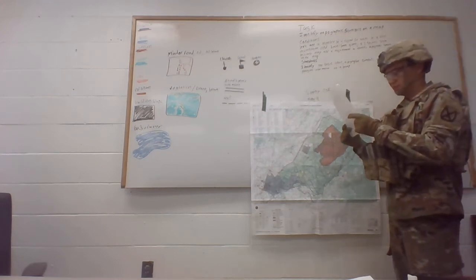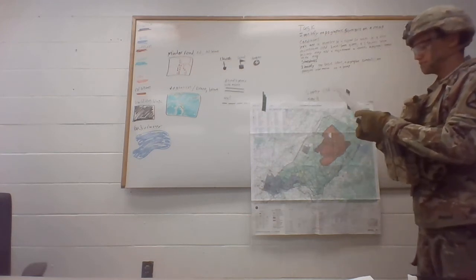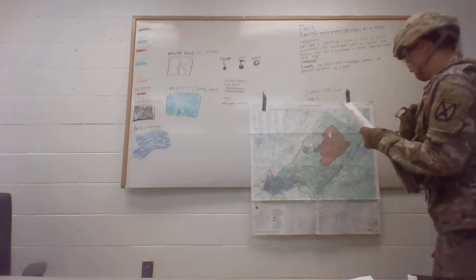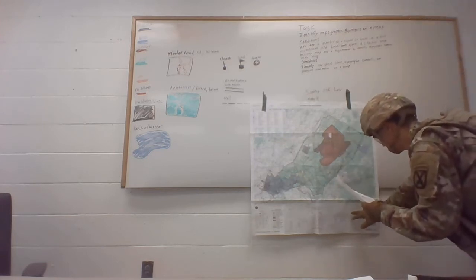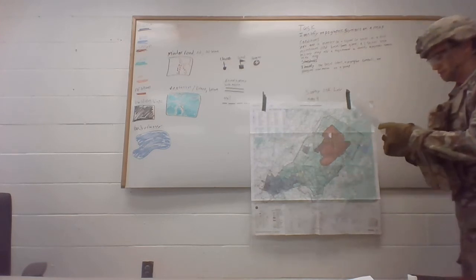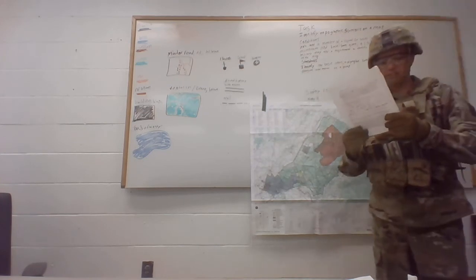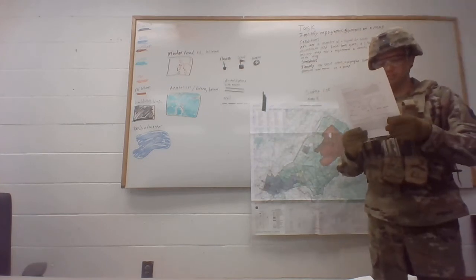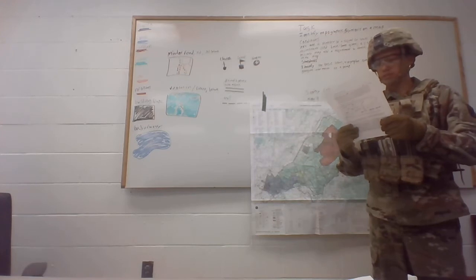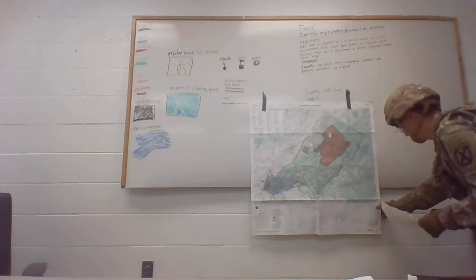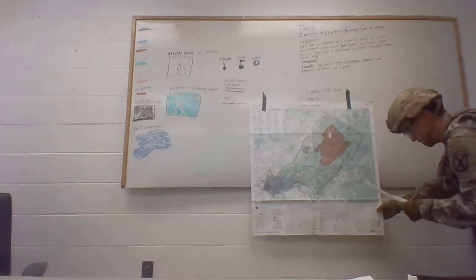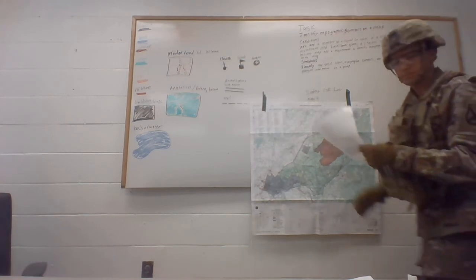Then you would identify the index to boundaries, which would be right down here. Then you would identify the adjoining sheets diagram, which would be right here in the far right corner, right next to the indexed boundaries.